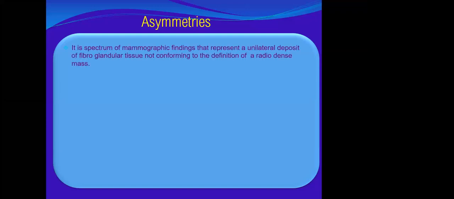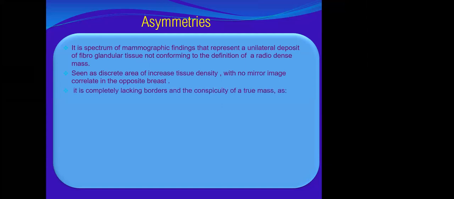Okay, yes. So we said it's a spectrum of mammographic findings representing a unilateral deposit of fibroglandular tissue that has no mirror image on the opposite side and does not fulfill the criteria of a radiodense mass, and is seen as a discrete area of increased tissue density.